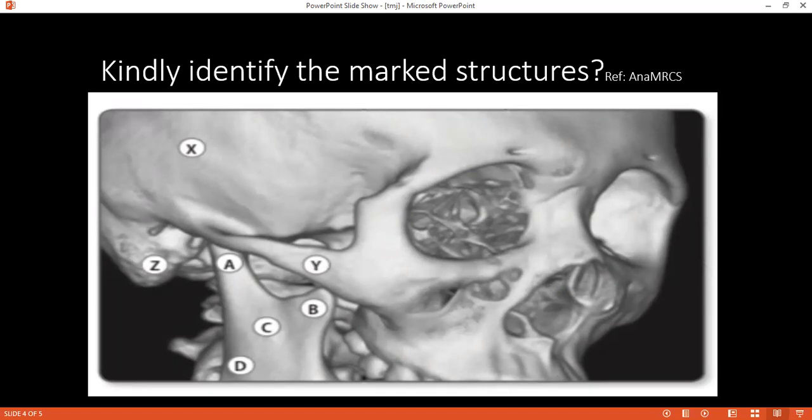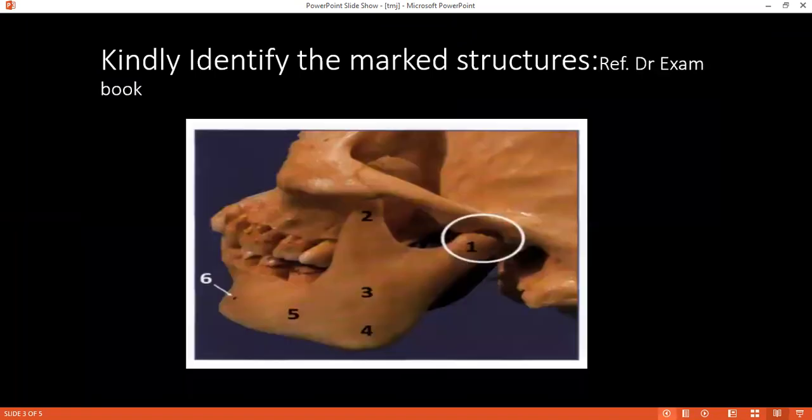Can you tell me this temporomandibular joint is weakest at what point? If there's a fracture, or if a person punches and has injury or damage of the joint, which is the weakest point? Yes, ma'am.